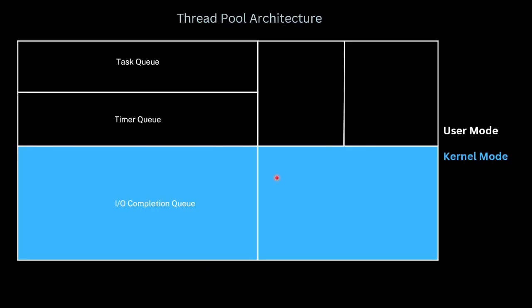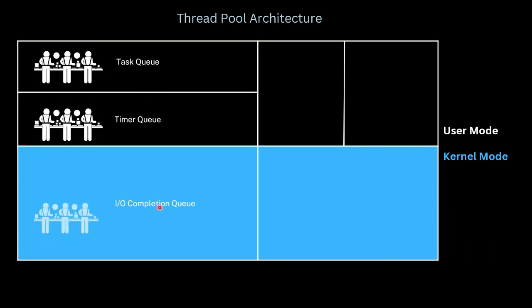So this is the thread pool architecture I'm showing you. In the thread pool architecture, you will have three queues: task queue, timer queue, and IO completion queue. Consider these three queues as three different departments in an office, where you will have workers working.